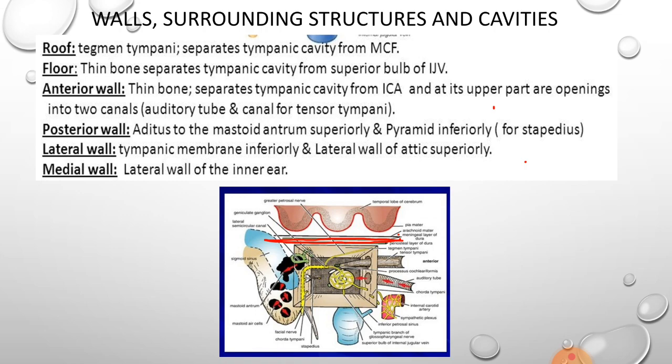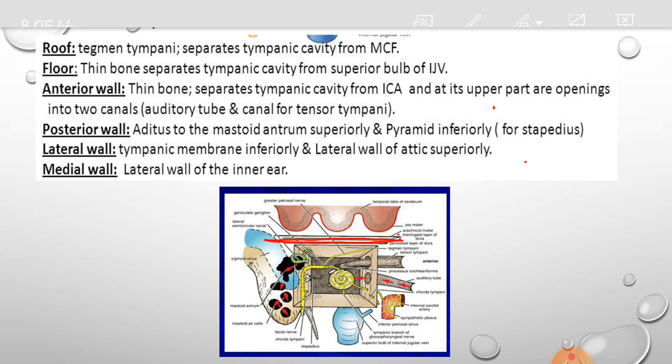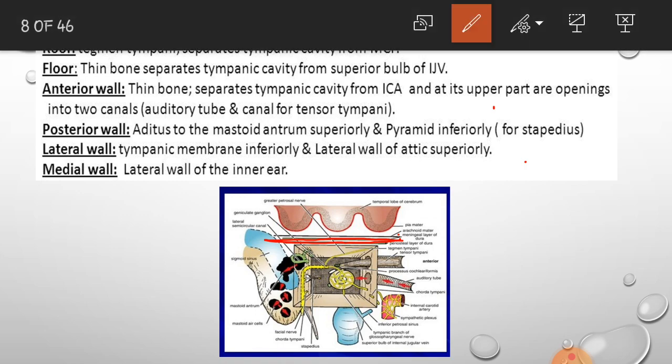This bone is tegmen tympani, and it separates the tympanic cavity below from the middle cranial fossa above. Now the next is the floor, which is here. A thin bone separates the tympanic cavity from the superior bulb of the internal jugular vein.